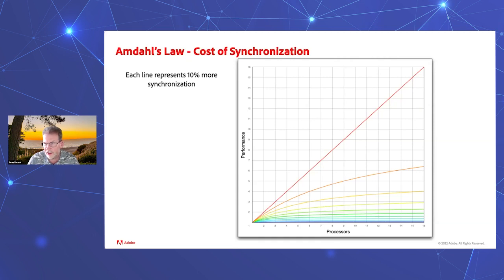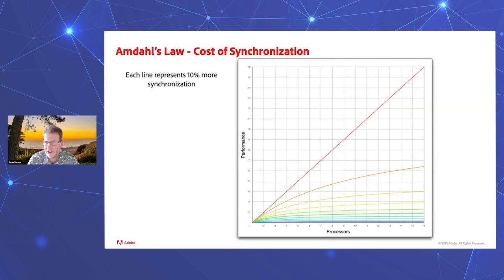So this is on a linear scale, just plotted out to 16 cores, which covers the vast majority of desktop machines these days. Each line here represents the cost of having just 10% synchronization within your application.